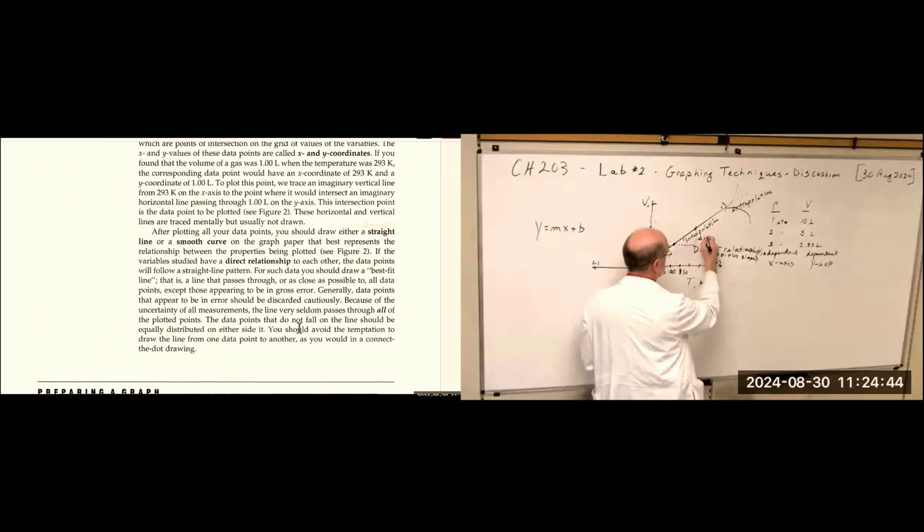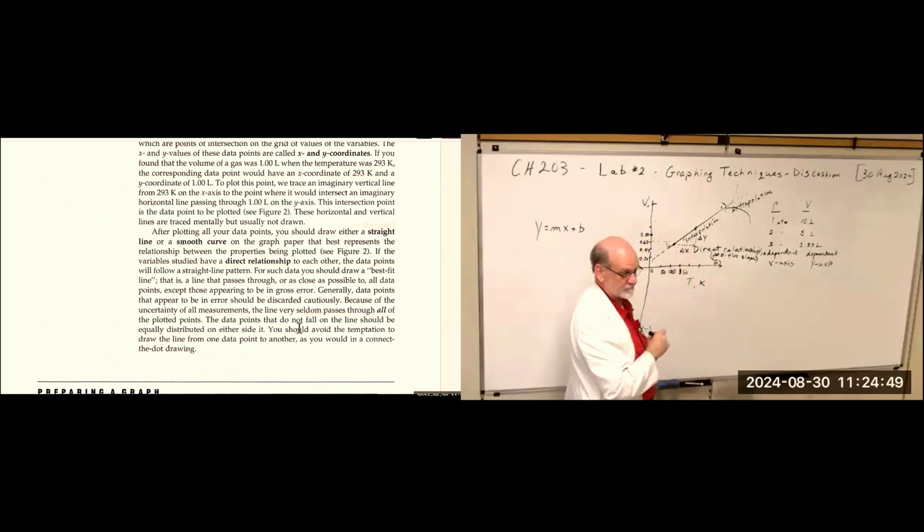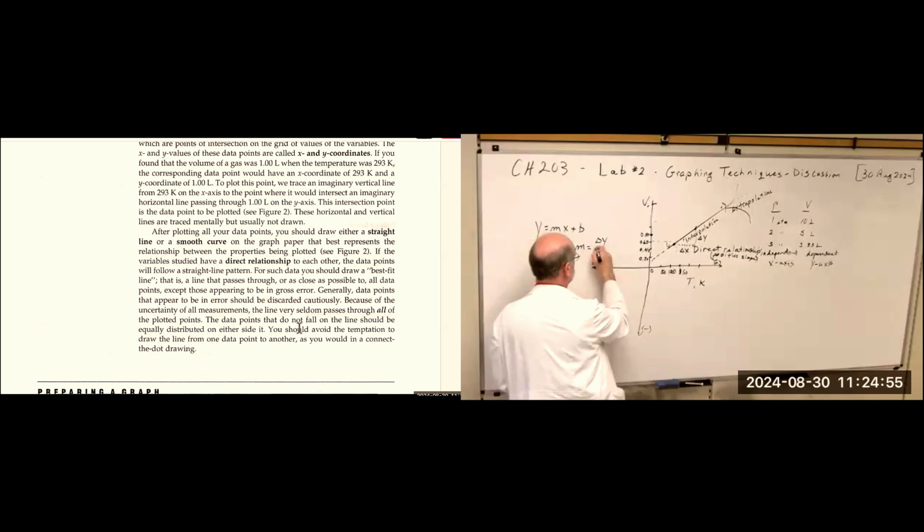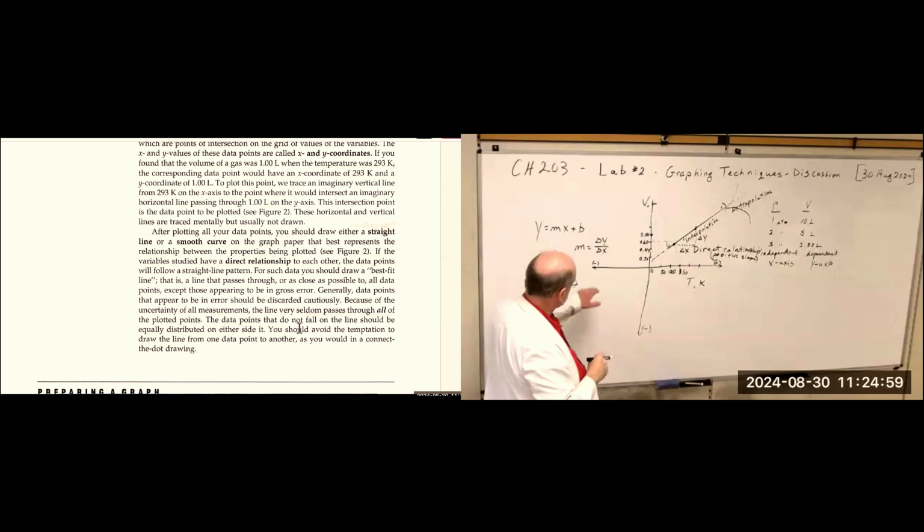This is change in y. This is change in x. Okay? So the slope is equal to the change in y divided by change in x. So if we know it changed this much, then it has to change that much in y. That would be that value right there.